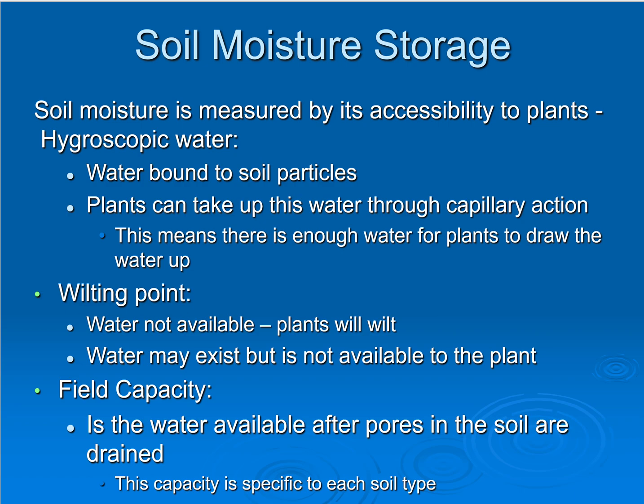If the plants begin to wilt, what that's telling the agronomist or the farmer is that there's not enough water in the soil for the plant to maintain turgor pressure and stay erect.